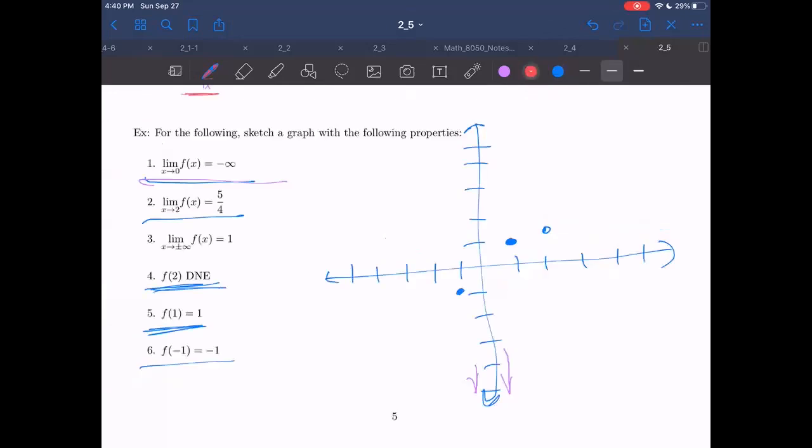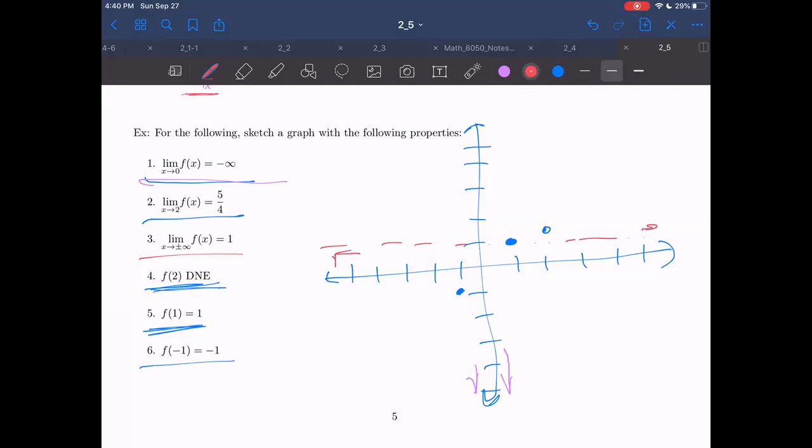Right. And then as x approaches positive and negative infinity, the function's going to approach 1. So as x approaches negative infinity, the function will approach 1, and as it approaches positive infinity, the function is going to approach 1.